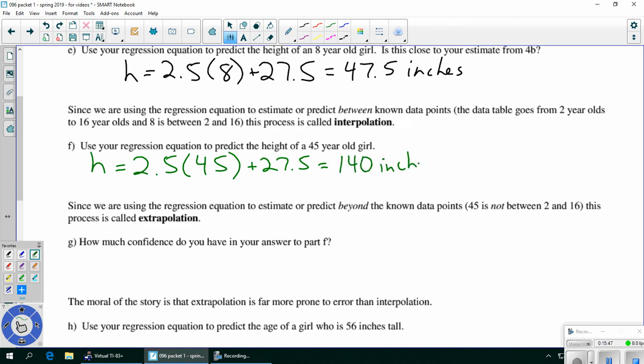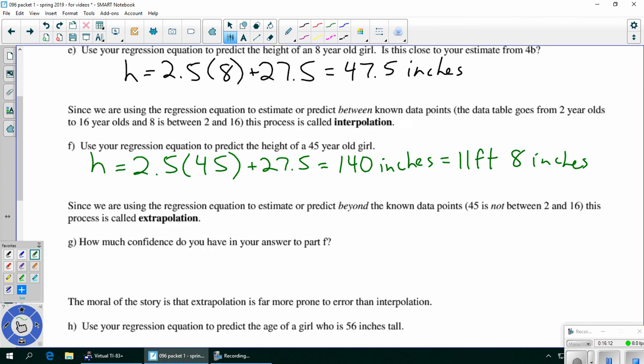Okay, how tall is 140 inches? Well, let's see, 12 inches in a foot. So that's just under 144, which would be 12 feet. So I think it's 11 feet, and it's 4 inches short. So 11 feet, 8 inches. Okay, so our regression equation predicts that a 45-year-old girl, in the 50th percentile, will be 11 feet, 8 inches. Part G, how much confidence do you have in your answer to part F?